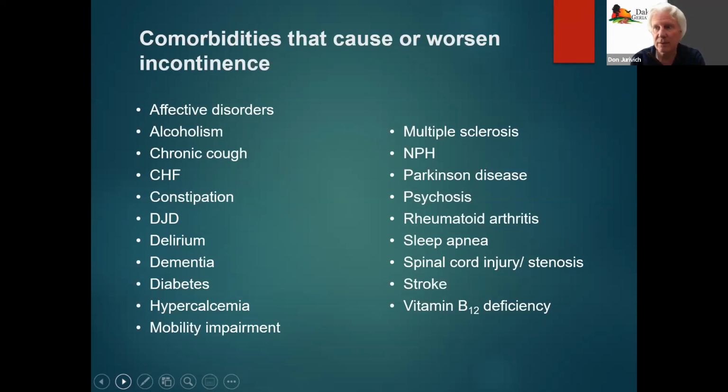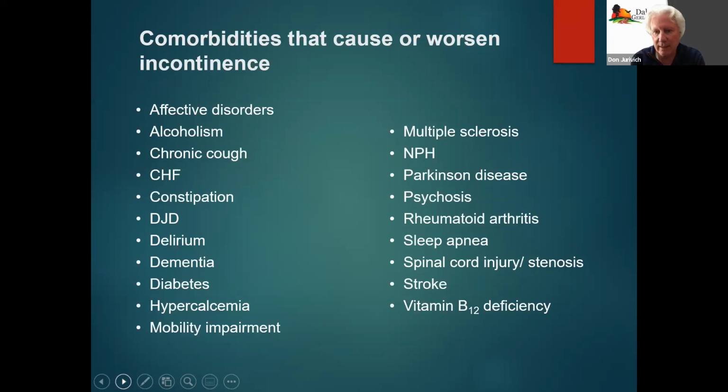Chronic cough, so if you have a reaction to, say, an ACE inhibitor, or you can even think post-COVID cough, that these can precipitate stress incontinence. Heart failure because of the high level diuretics, and so forth, as we can see on the list here.